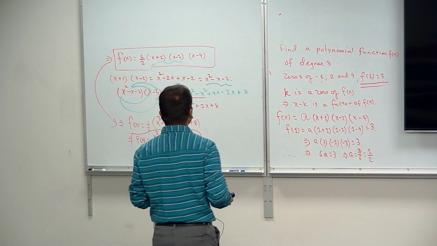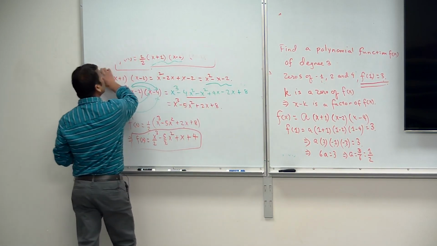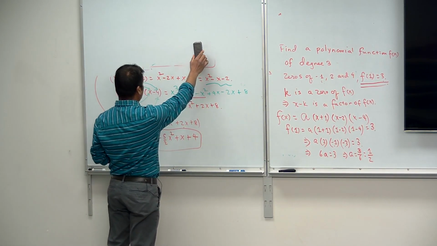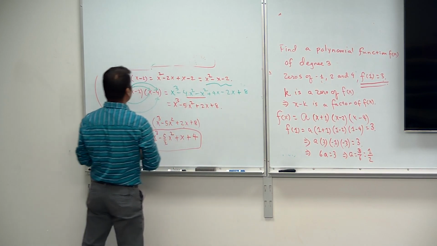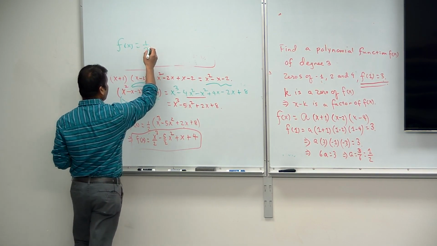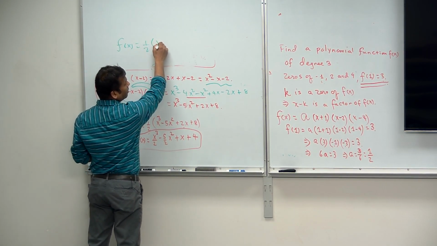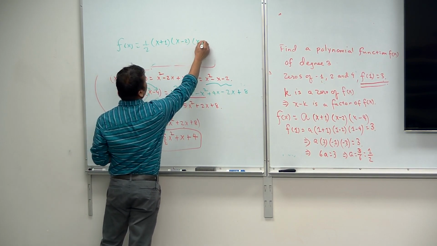Like for example, let's say, here, you see, what did you get? I think we have f of x equal to, I erased that, it's 1 half times x plus 1 and x minus 2, x minus 4.